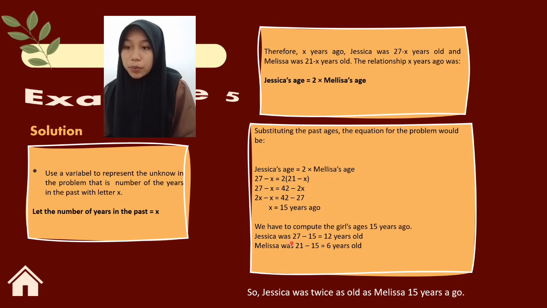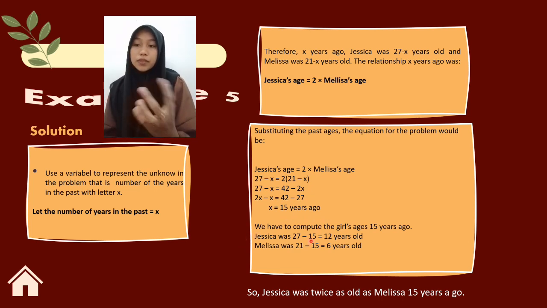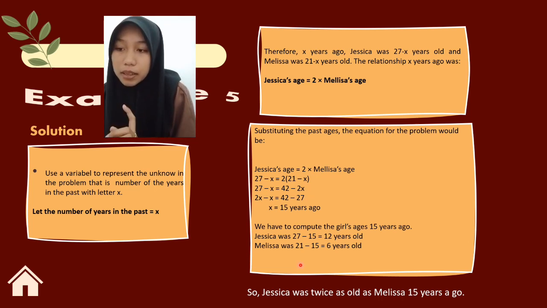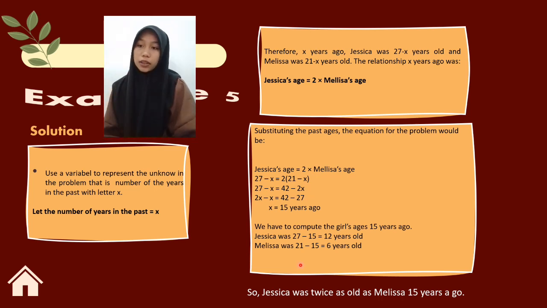So we have to compute the girls' ages 15 years ago. Jessica was 27 minus 15, so Jessica was 12 years old, and Melissa was 21 minus 15, so Melissa was 6 years old. So Jessica was twice as old as Melissa 15 years ago.